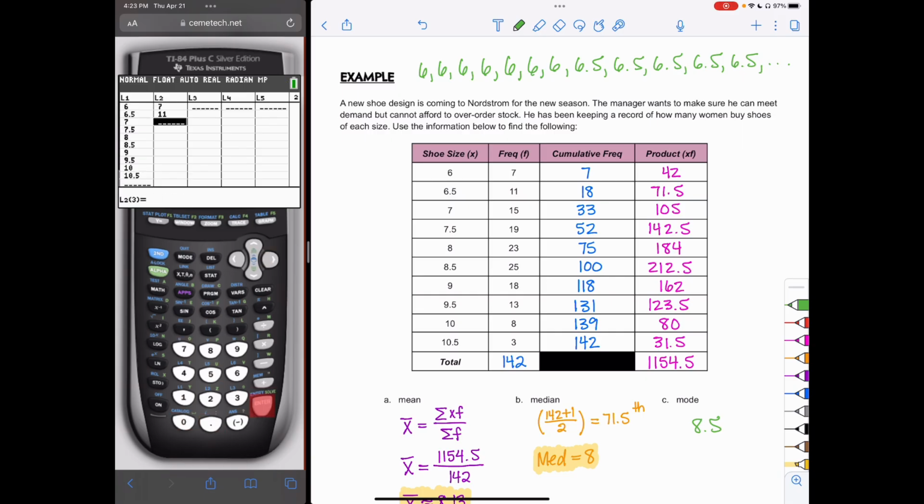And just make sure you are very careful with typing these numbers in, and be careful not to make a mistake, because it will throw your data off.